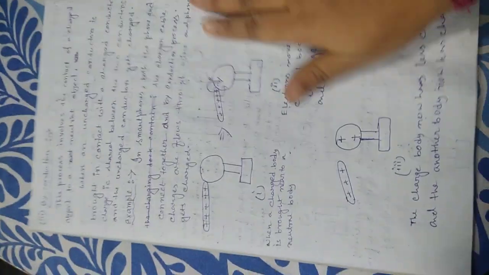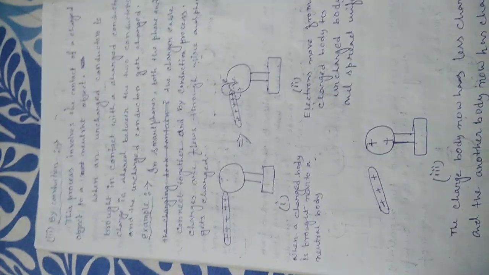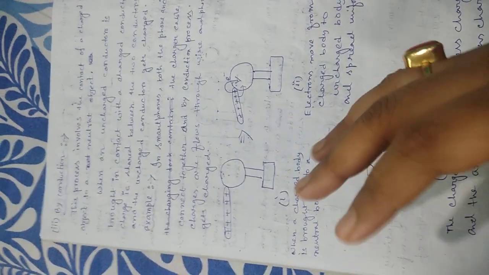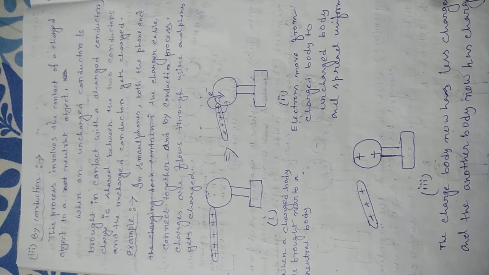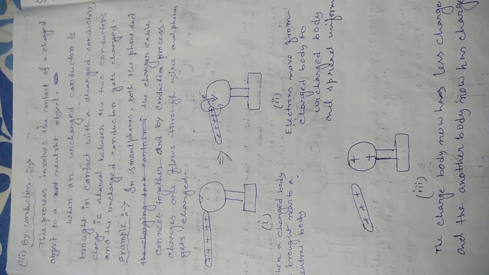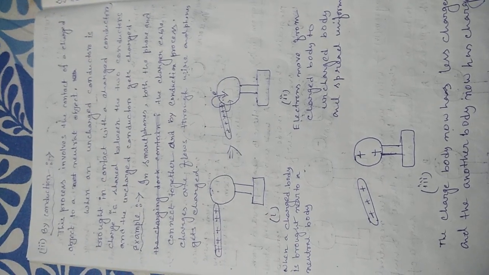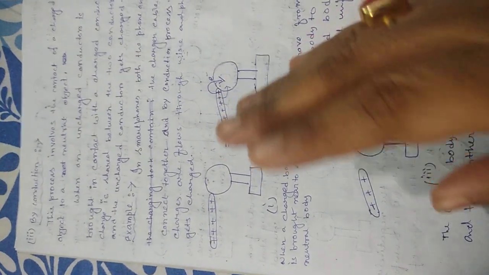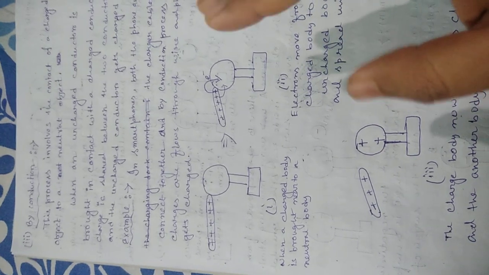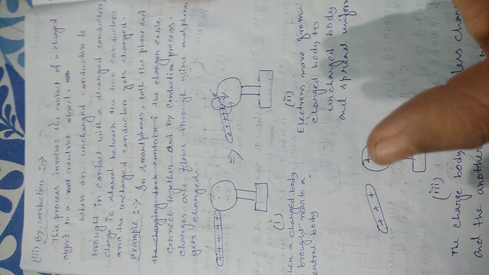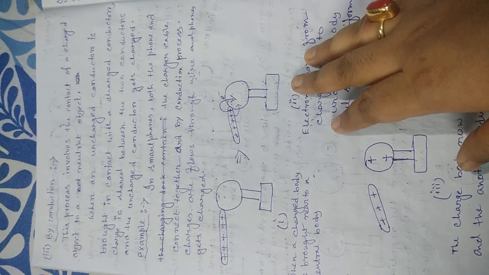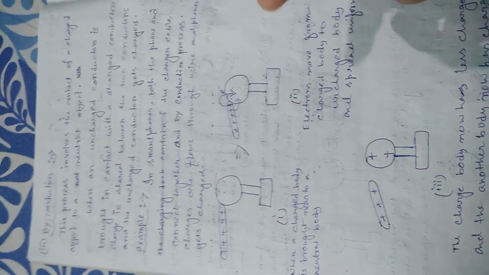Next is charging by conduction. It is the same as induction, but one difference is that here an uncharged body is brought in contact with a charged conductor. In the induction process there is no touching, and here it is in contact. So this process involves the contact of a charged object with a neutral object. Neutral means uncharged object.